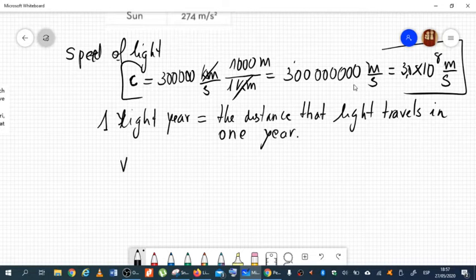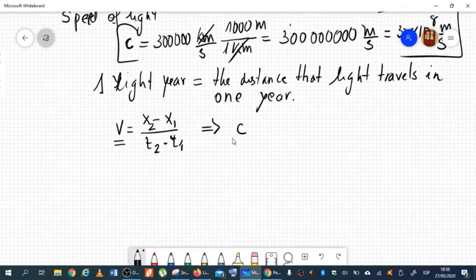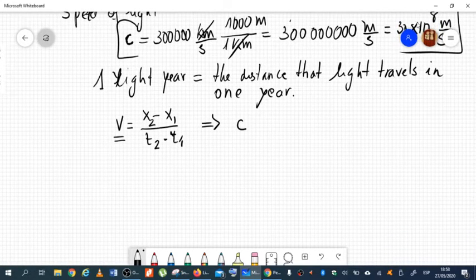We wrote, do you remember, the velocity is x2 minus x1 over t2 minus t1, okay? So in this case, the velocity is c, because the light travels at a velocity of c, we know it is 3 times 10 to the power of 8, and this is the distance we want to calculate, and we have here 1 year as the time. Well, we can write here, wait a moment.